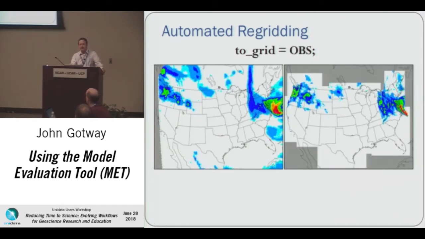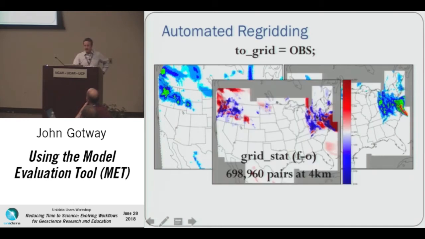Alternatively, you could set the to-grid option to obs, and that will automatically regrid the forecast data to the observation domain. And that will give us about 700,000 matched pairs at 4-kilometer resolution. Some of you may object and say, well, you shouldn't take this low resolution grid and remap it to a high resolution domain, and I agree.